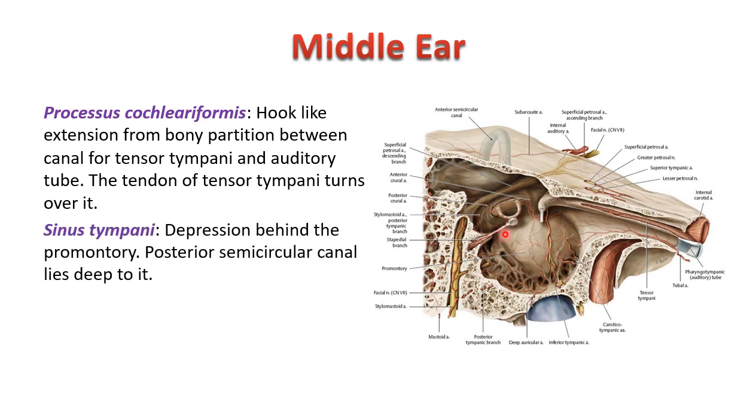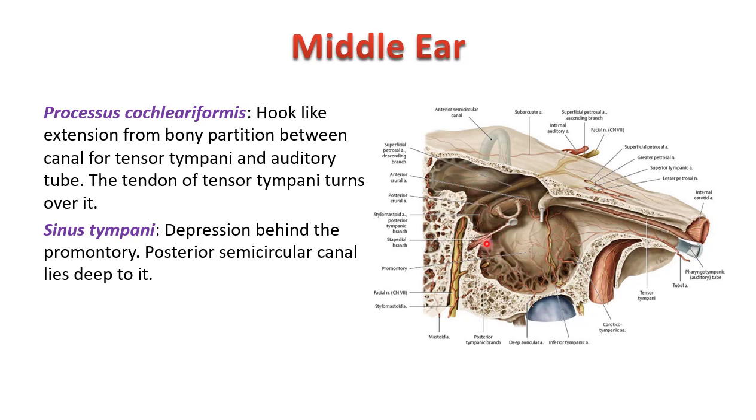Then behind the promontory you see another depression called the sinus tympani, which is mainly formed by the posterior semicircular canal. Here you are able to see the semicircular canals. That is the anterior semicircular canal. This is the eminence formed by the lateral semicircular canal.